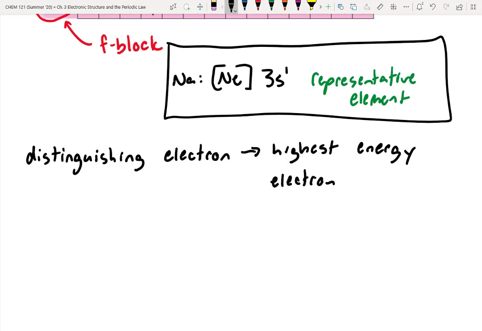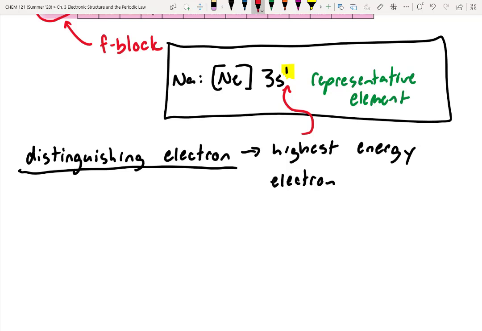So if we think about the distinguishing electron for the example that we just went over for sodium, it's going to be that one electron within the 3s orbital. So in this case, it would just be that single electron in that highest energy shell, which would just be the 3s.